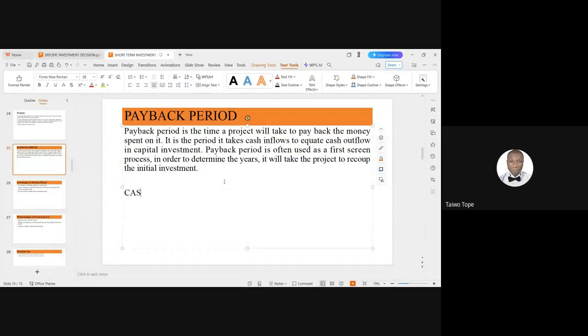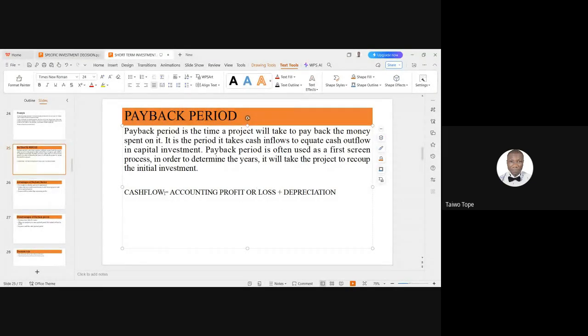Cash flow is equal to accounting profit or loss plus depreciation. Accounting profit or loss plus depreciation.